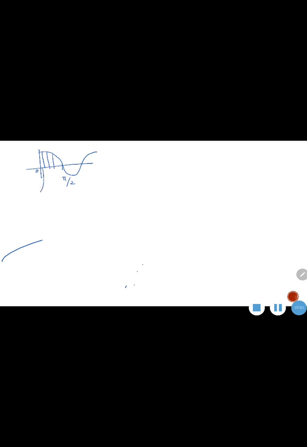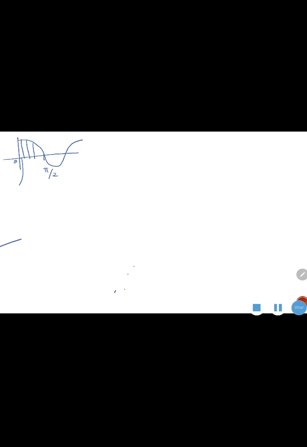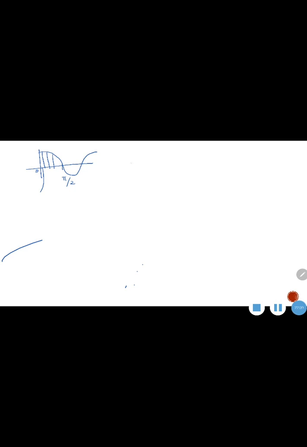So the first segment is, sorry, okay, let me write this again. Delta x is pi over 2 divided into 4 segments. So the first segment is pi over 8.